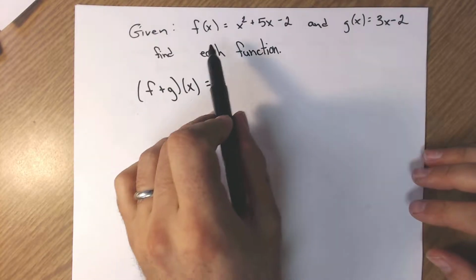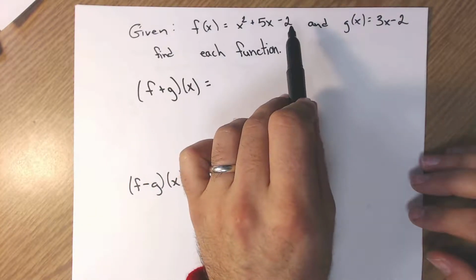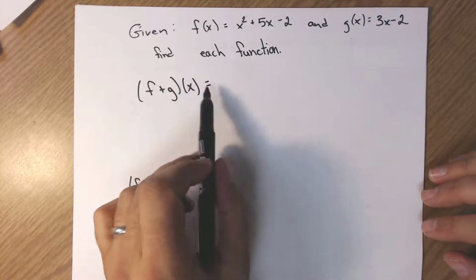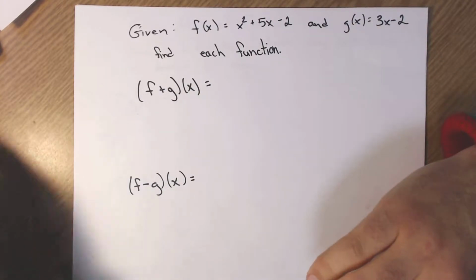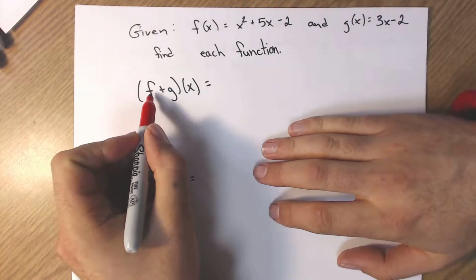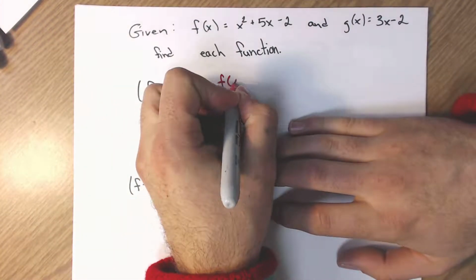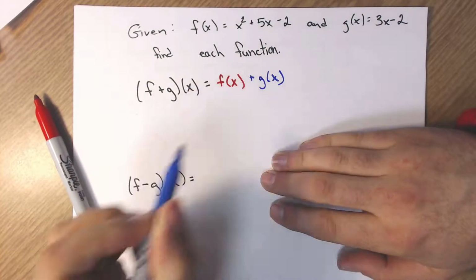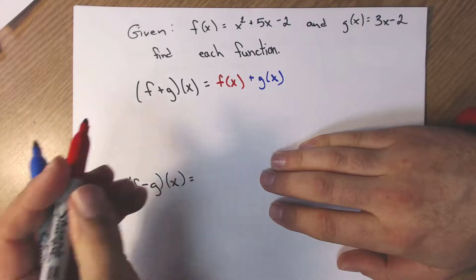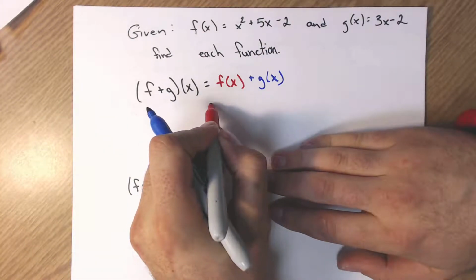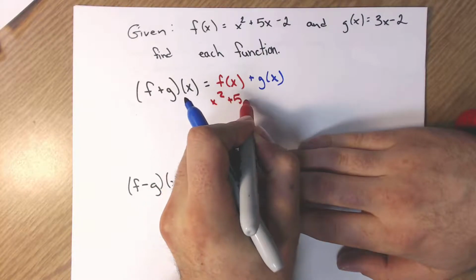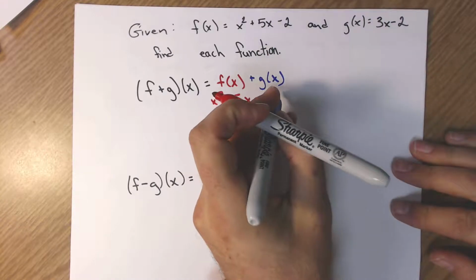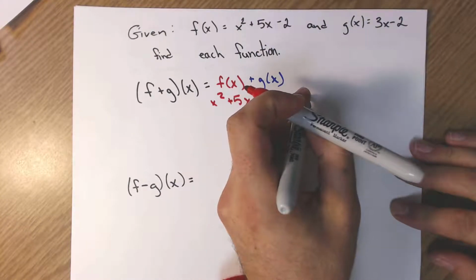If f of x is x squared plus 5x minus 2, and g of x is 3x minus 2, find each of these functions. So this is the case where we're adding them up. Let's say that we're splitting this up into f of x and g of x, and all we have to do now is label both of those things. f of x is x squared plus 5x minus 2, while g of x is 3x minus 2.